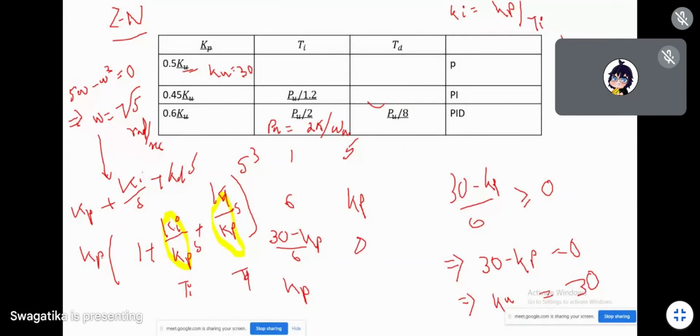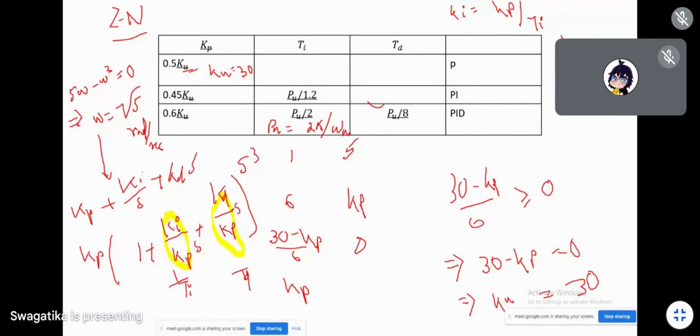So it will be Kp into 1 plus 1 divided by Ti into s, plus Td s. Because Ti equals Kp divided by Ki, and Kd is equal to Kp into Td.